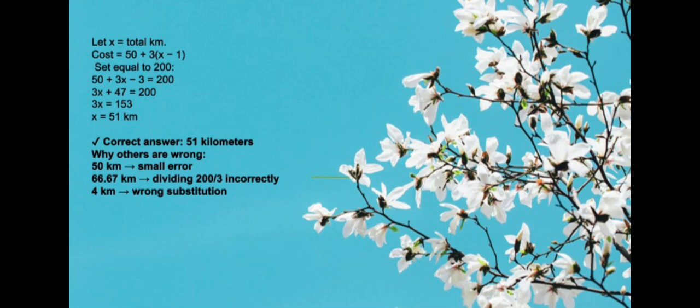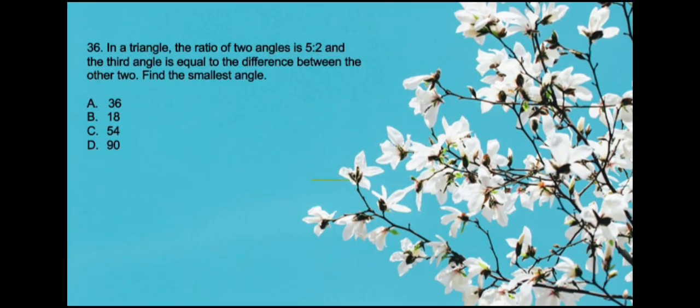So the cost is 50 plus 3 times (x minus 1), set equal to 200. So 50 plus 3x minus 3 equals 200, then 3x plus 47 equals 200, and 3x equals 153, and then x is 51 kilometers. So the answer for this is 51 kilometers.